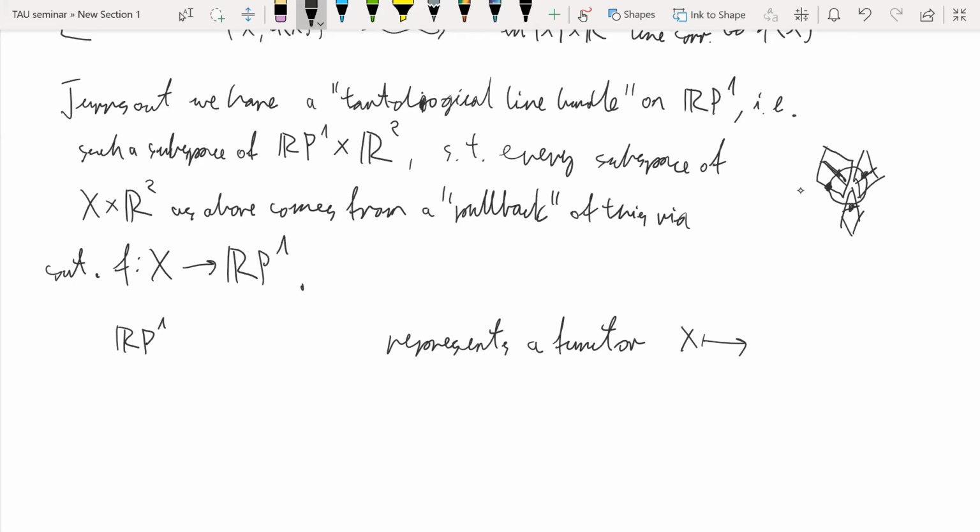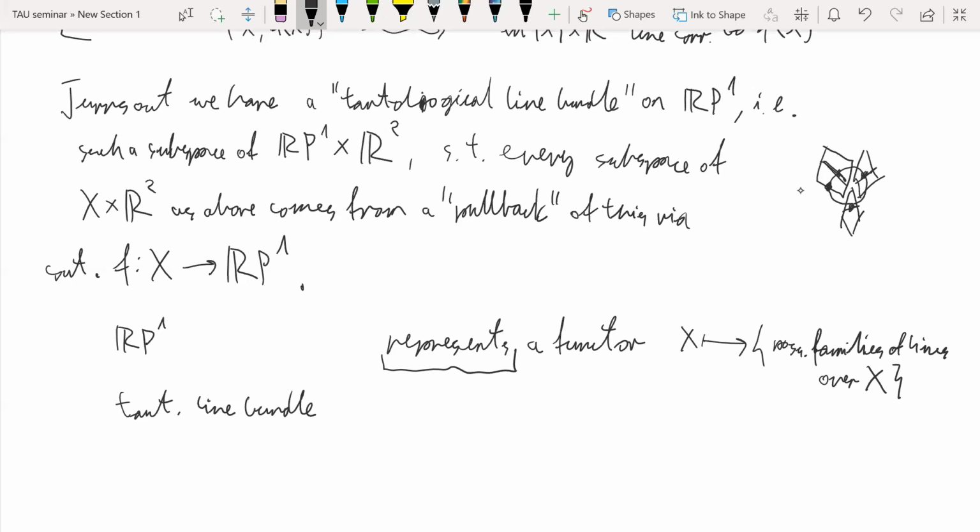So RP1 represents this functor: X goes to the possible families of lines over X. Here the keyword is represents. There is this notion of a representable functor, and this tautological line bundle is a universal object.